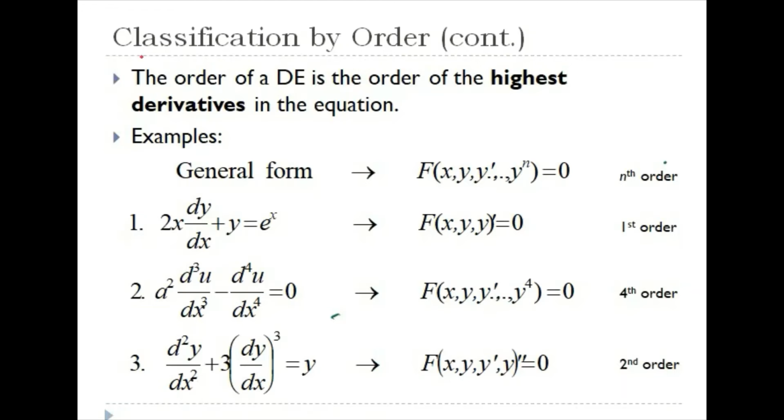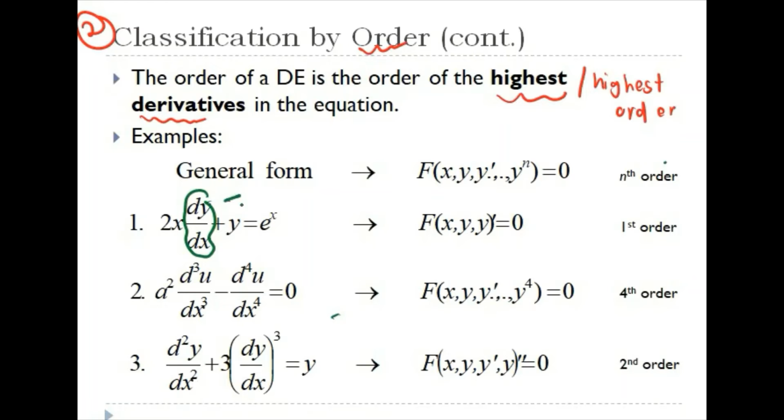The second classification is based on order, where in the equation we must look at the highest derivative, or highest order. In the first example, we look at the derivative dy dx. The order here is first order, which is the highest derivative. For the second example, between the cube and 4 here, 4 is the highest one, so the highest order is fourth order.